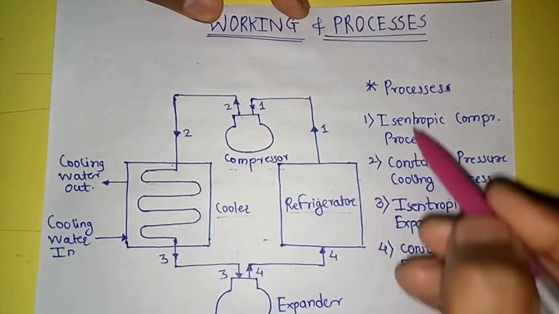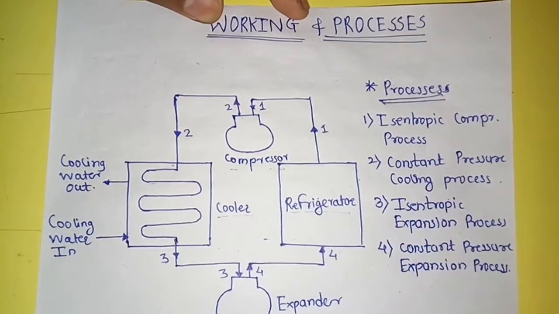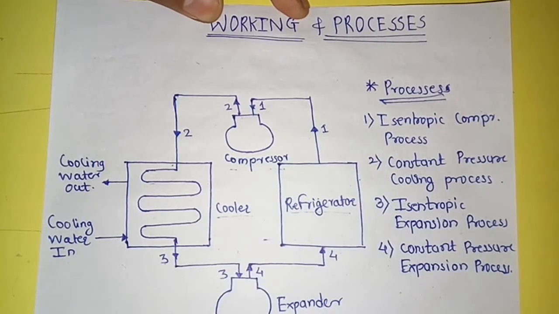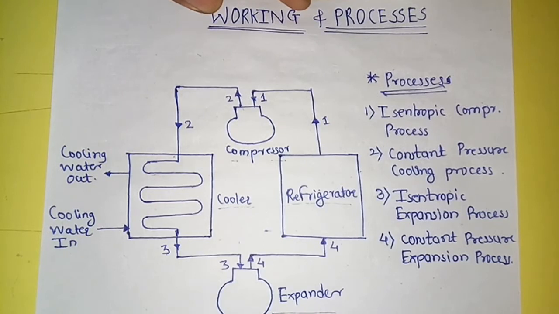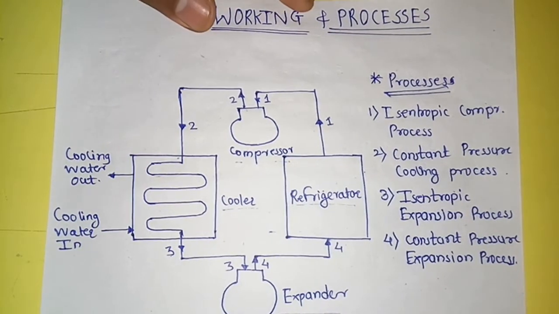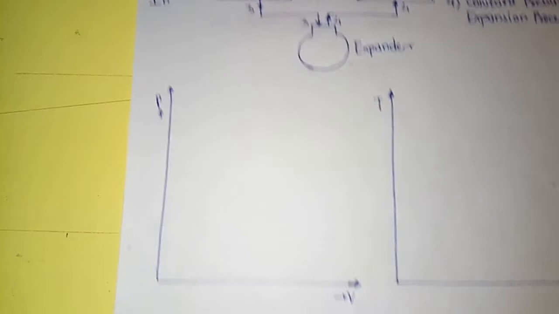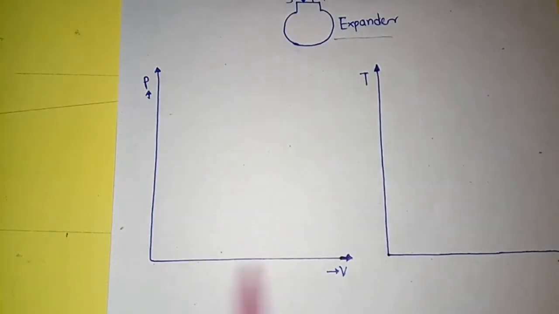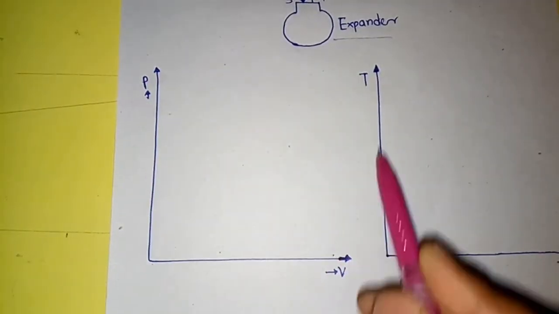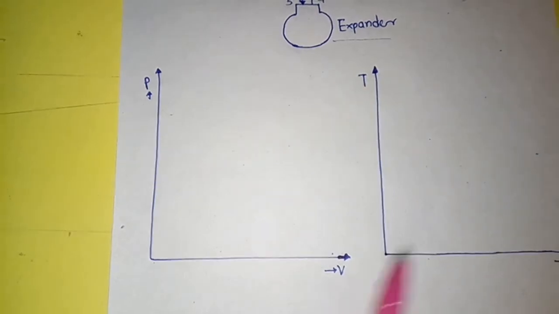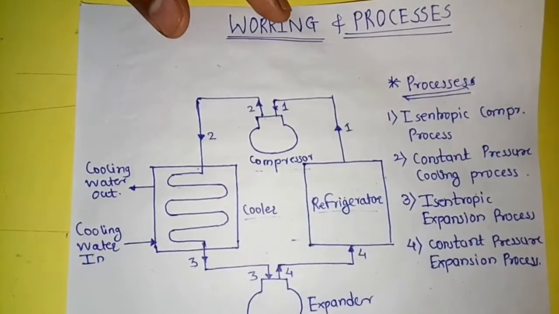These four processes can also be plotted on the PV and TS diagram. Let's see how to plot these processes on the PV and TS diagram. This is the PV plot of this cycle and this is the TS plot. So let's start.